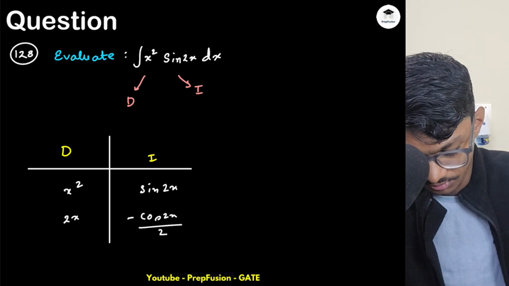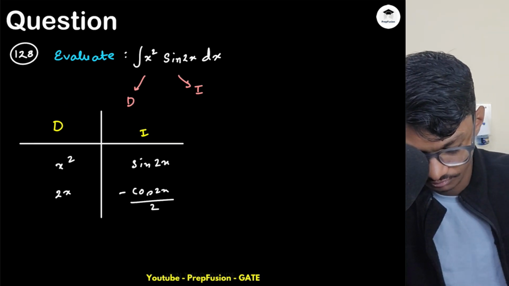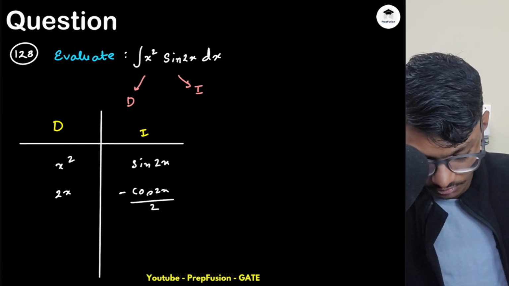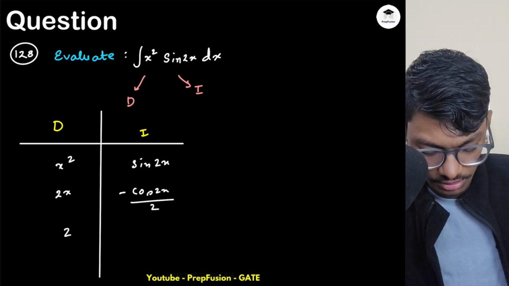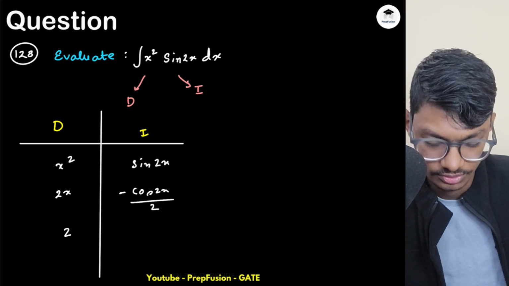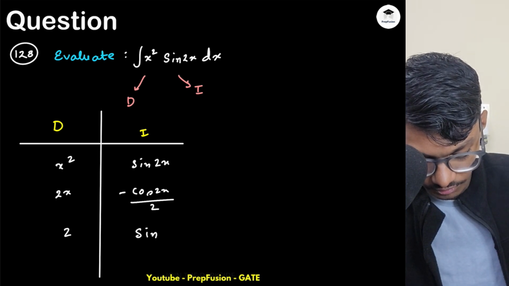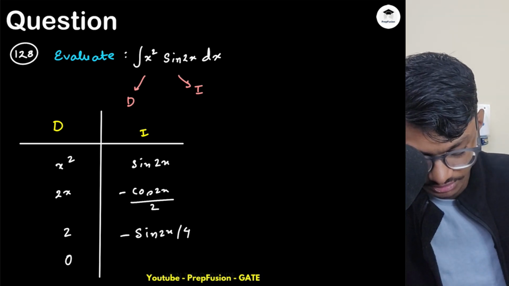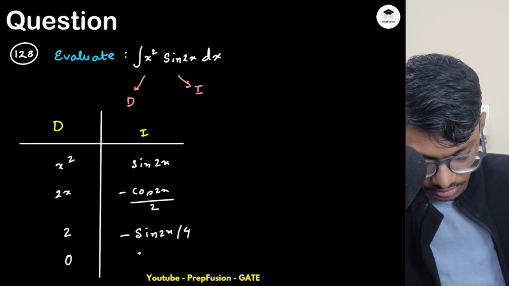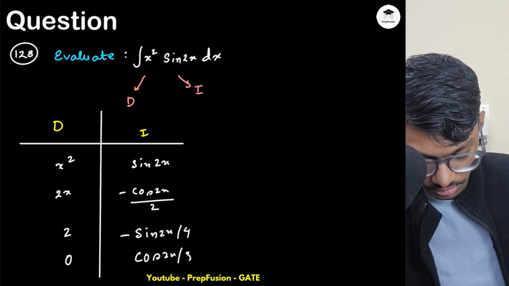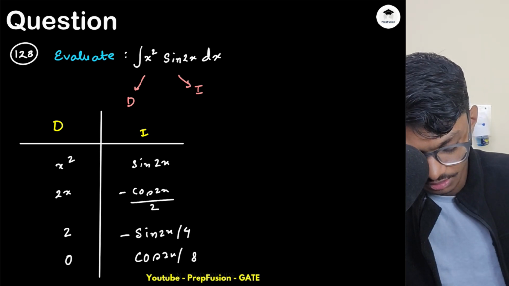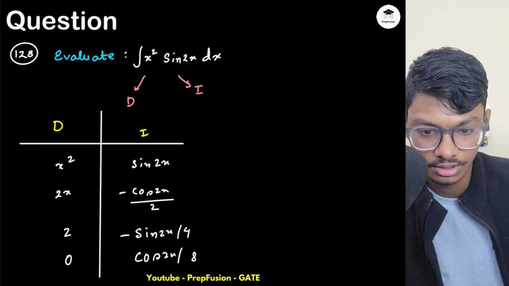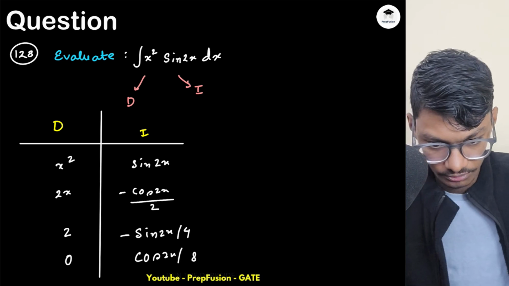Next, this will be 2, and now the integration of cos 2x will be simply sine 2x upon 4, also minus sign is over here. Then I will differentiate, this will be 0, again the integration of sine 2x will be plus cos 2x upon 8. Okay, and after this 0, anyways this will get multiplied to something 0, and we will proceed further over here, right?